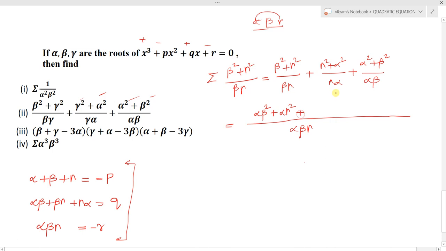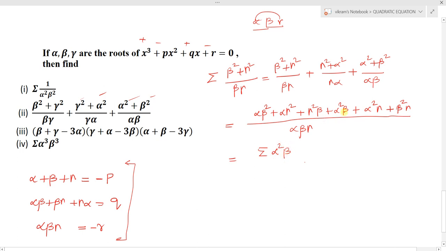The second term is multiplied with beta, so gamma square beta plus alpha square beta. The third term is multiplied with gamma, so alpha square gamma plus beta square gamma.